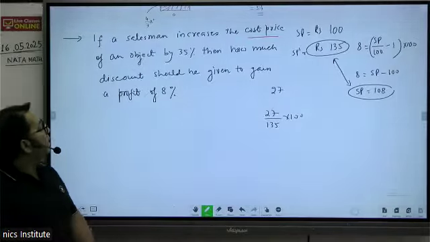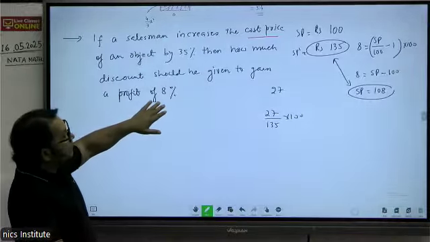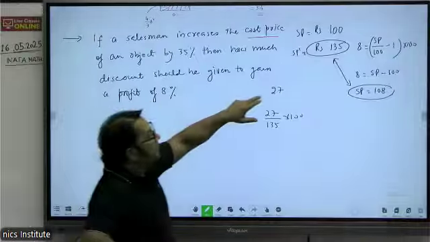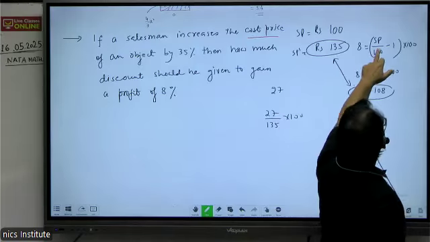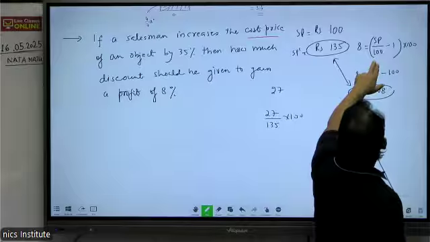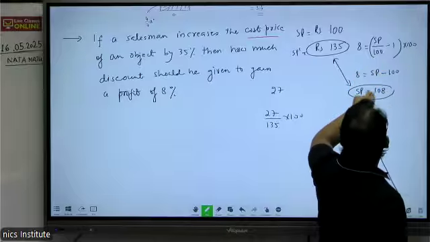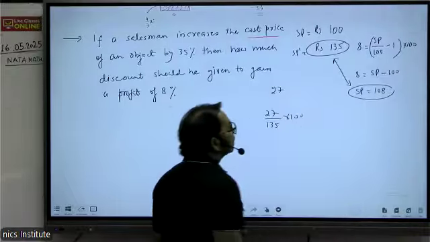He wants to gain a profit of 8%. So profit percentage is 8. He should give some kind of discount, which is, say, the new sell price SP. Initial sell price was 100 minus 1 into 100. So this is 108. So the new sell price is 108.